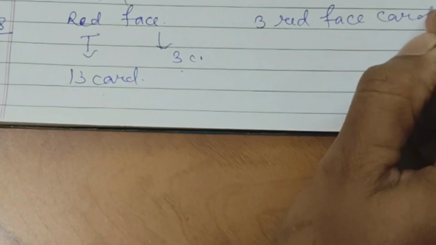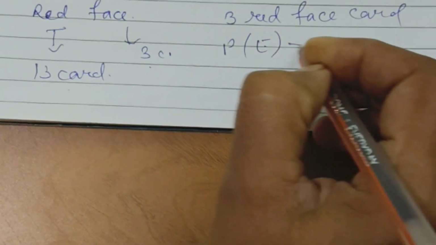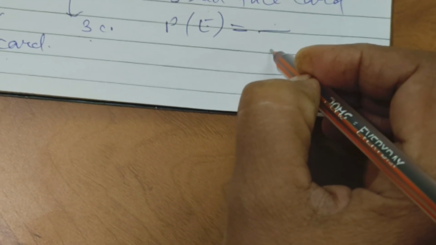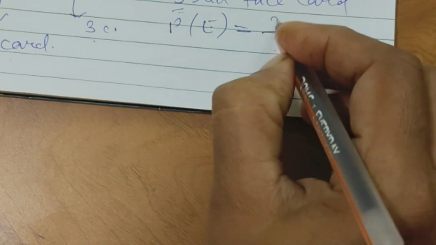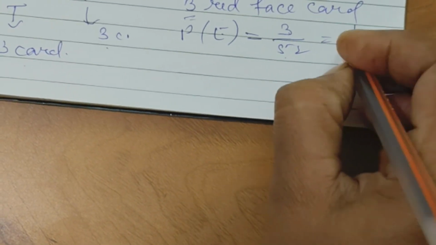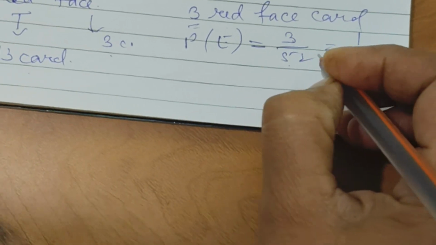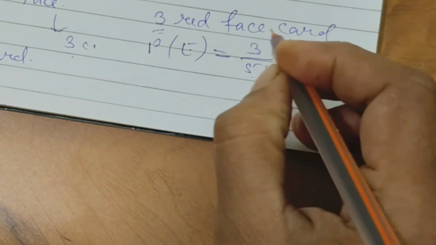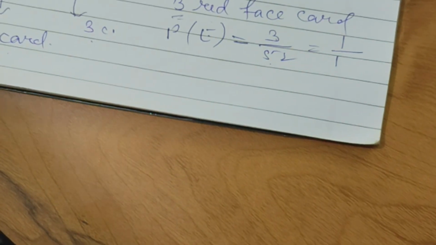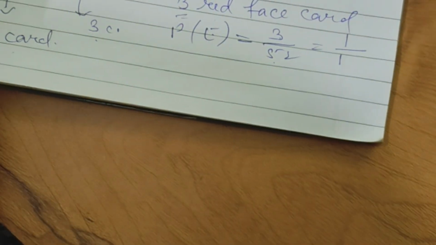Okay, so the probability of the event is total number of favorable outcomes upon total number of outcomes. That is 3 is the favorable number of outcomes and total is 52. So this is 3/52. Okay, so 3/52 is option C.